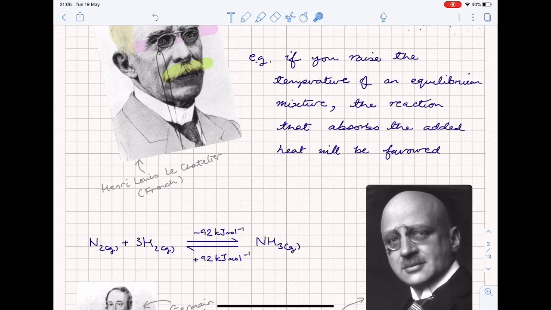So temporarily there won't be a dynamic equilibrium because the rates of the forward and reverse reactions are no longer equal. So in this case, which reaction, either the forward or reverse, would absorb the added heat and therefore would speed up compared to the other, and therefore be what we call favoured?